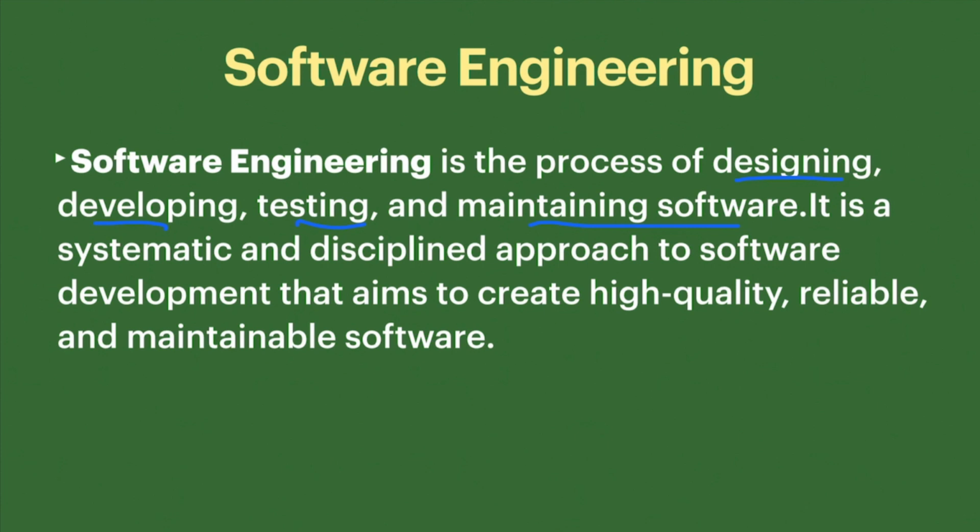It is a systematic and disciplined approach to software development that aims to create high quality, reliable and maintainable software. When we include all the phases of software, like designing, developing, testing and maintaining, it is called software engineering.